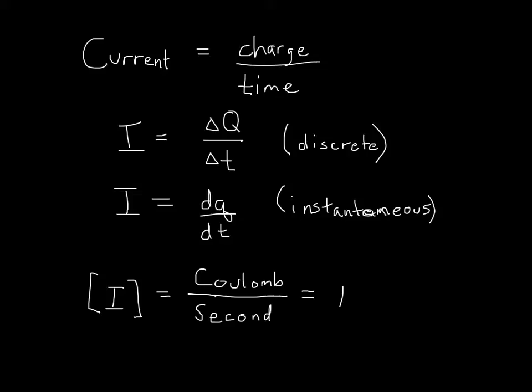We call these amperes, or amps for short. To get some practice and some familiarity with working with currents and direction of current flow, I suggest you check out 7.1.